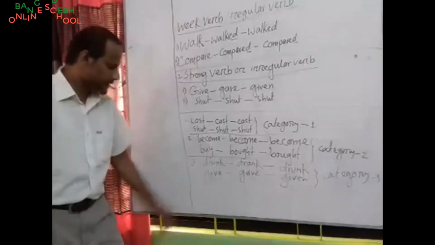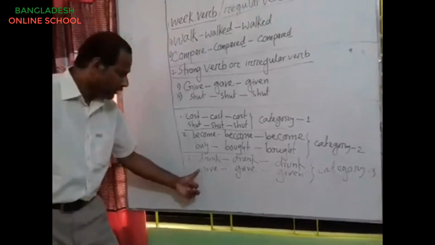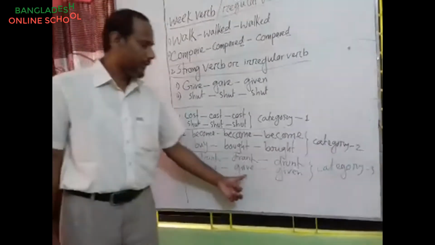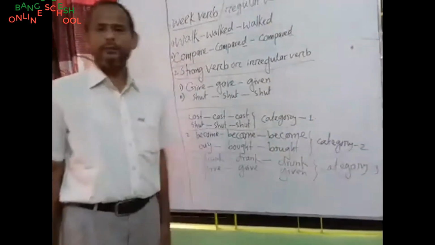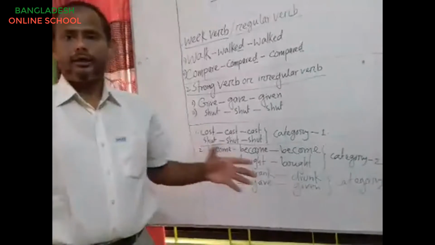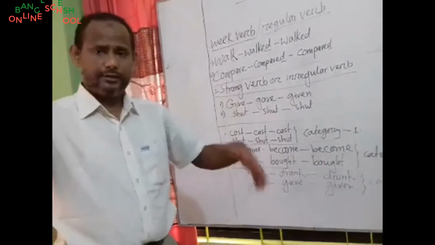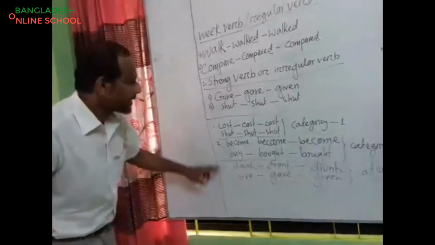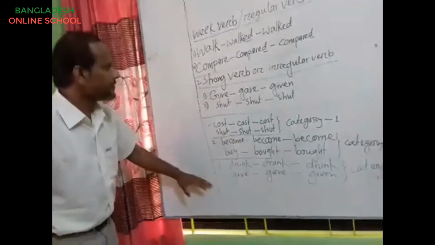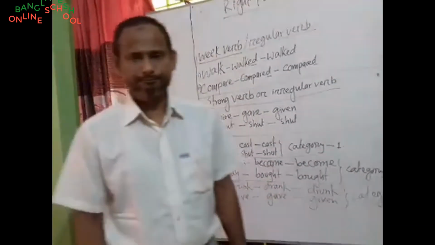Likewise, go to example 2: give, past form gave, past participle given. Here also there is no similarity, all are different. So in these three categories, strong verbs are formed.